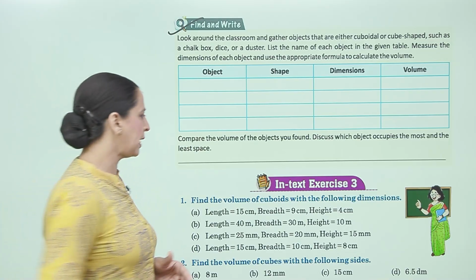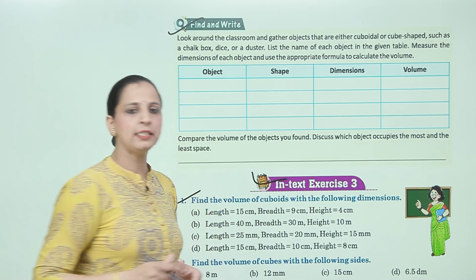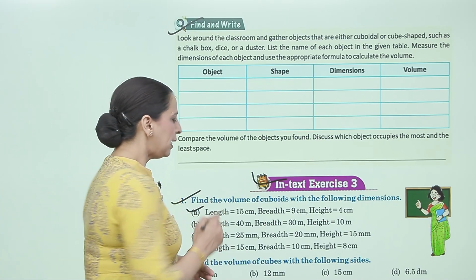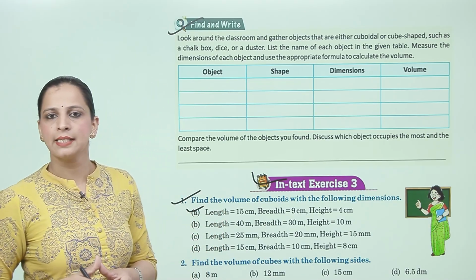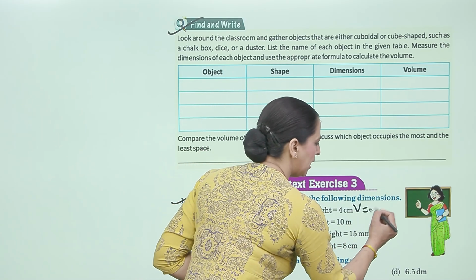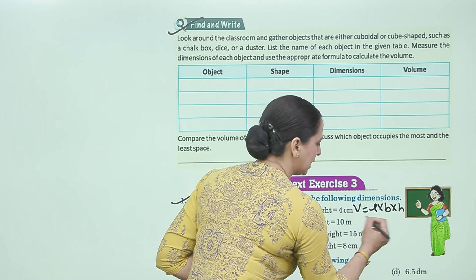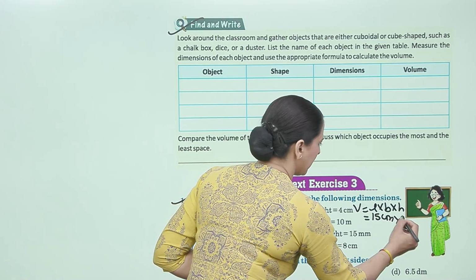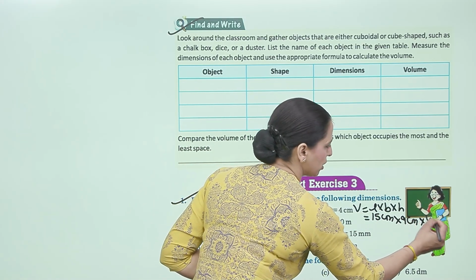Now, in text exercise 3. Question number 1. Find the volume of cuboid with the following dimensions. A, length is 15 centimeter, breadth is 9 centimeter and height is 4 centimeter. So, volume is equals to length into breadth into height, that is equals to 15 centimeter multiplied by 9 centimeter multiplied by 4 centimeter.